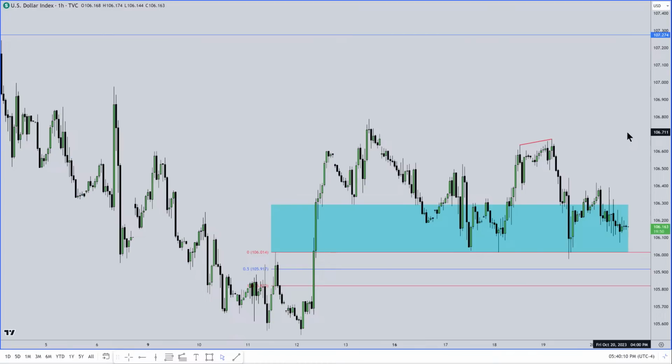But the dollar index has to start showing me a little bit more in here, because the fact that it's being consolidated and held in a range like this isn't as helpful, because all that does is allow the crosses, for instance, like the euro pound and the Aussie New Zealand, those exotic pairs that are not coupled with dollar.